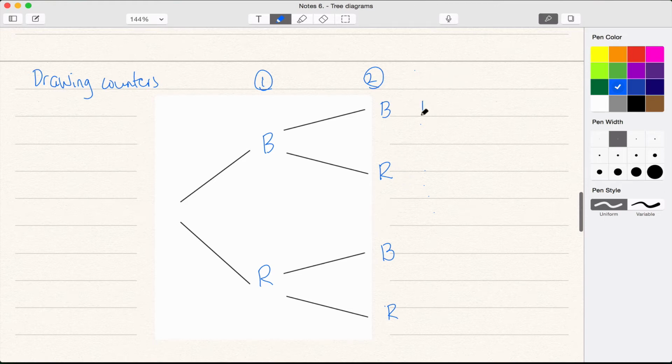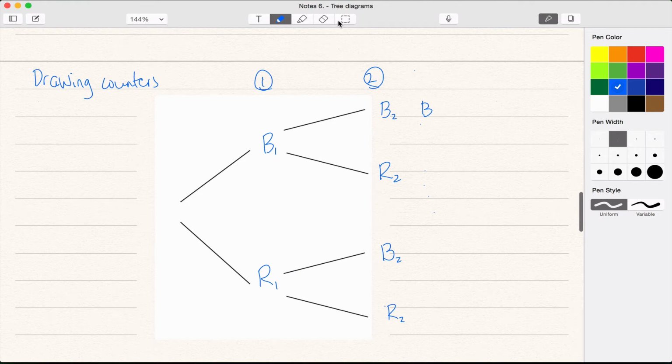I might name this B1 and red one, and this will be B2. So the first counter is black and the second counter is black. So I'll just put a little subscript 2 so we know this is the second draw and this is the first draw.